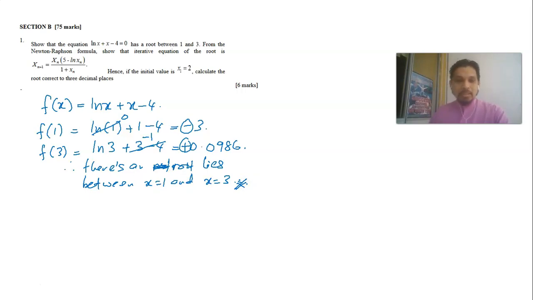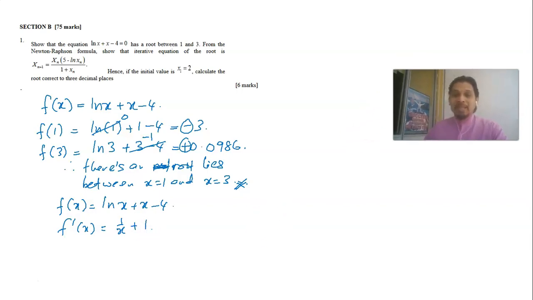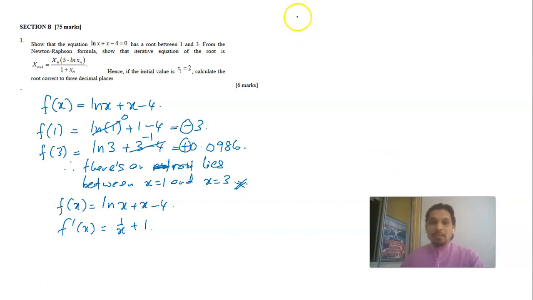Okay, so next step: f(x) equals natural log of x plus x minus 4, then f prime x equals, differentiating ln x, 1 over x plus 1. So now, show that the iterative equation of this one, x(n+1) equals xn minus f(xn) divided by f prime(xn).